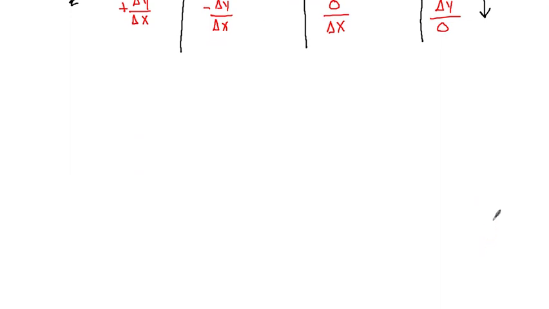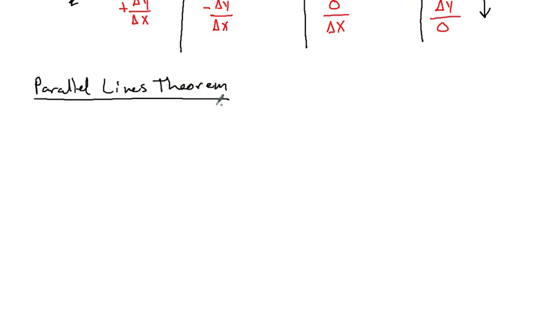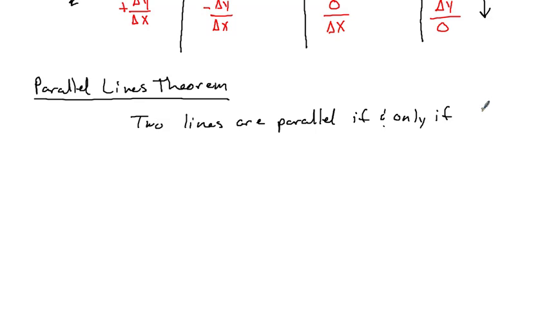Right, we're going to write down two theorems and we are going to be done. First one is the parallel lines theorem. The parallel lines theorem says that two lines are parallel if and only if they have the same slope.